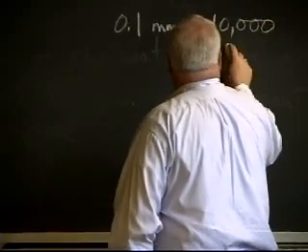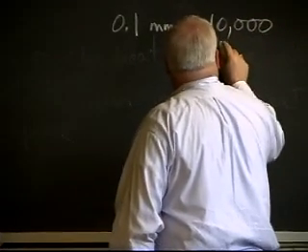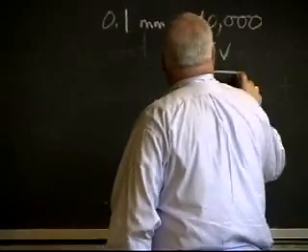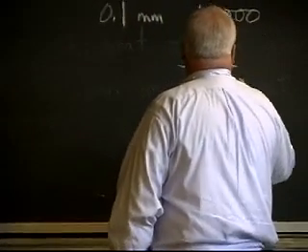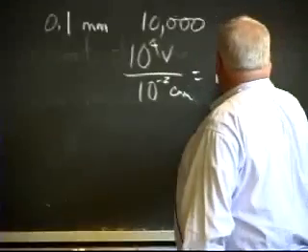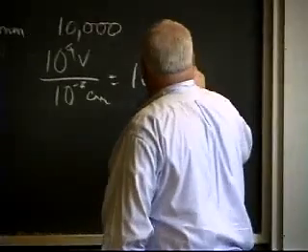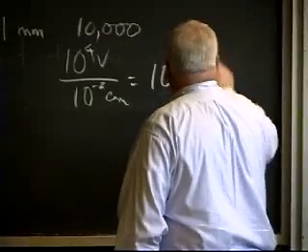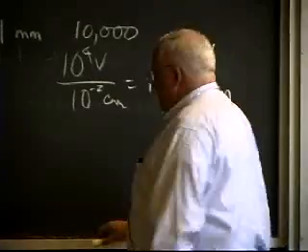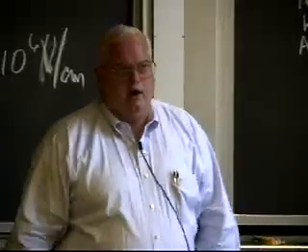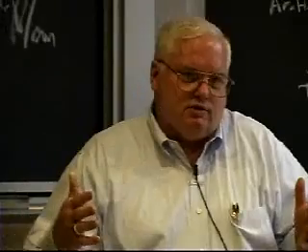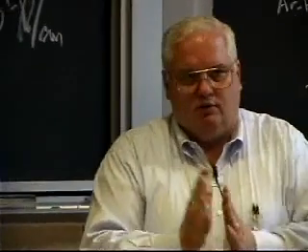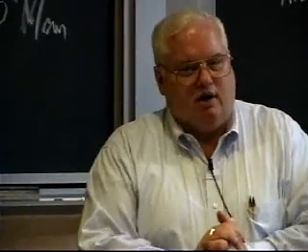Well, that's 10 to the 4th volts divided by 10 to the minus 2 centimeters is 10 to the 6th volts per centimeter is what people were measuring for Paschen breakdown. Okay? I said it took thousands of volts, 10,000 volts over a tenth of a millimeter. It's a little bit thicker than a human hair.